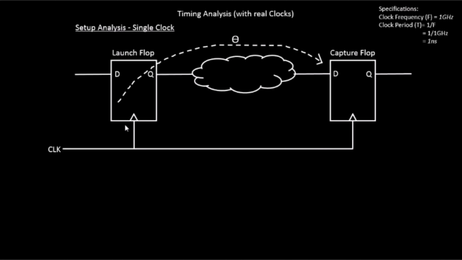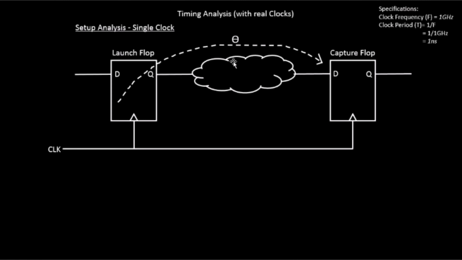The clock goes to the launch flop and the capture flop, and since we have only a single clock, there is a single clock present over here, and we have built a tree across this part. Theta is the combinational delay, or basically the delay from this point to this point, and eventually we will be extending the value of theta.